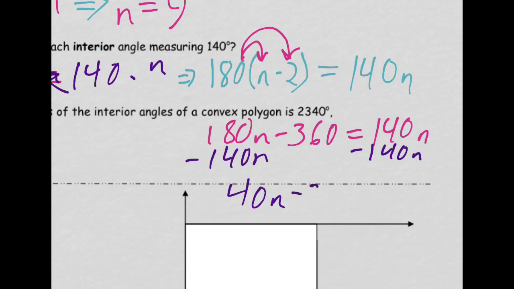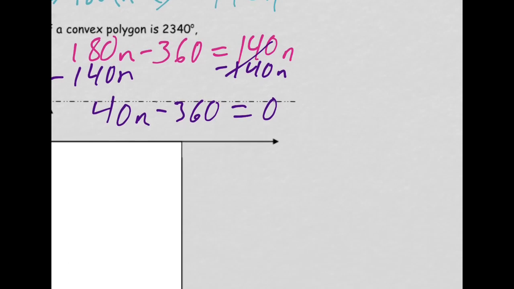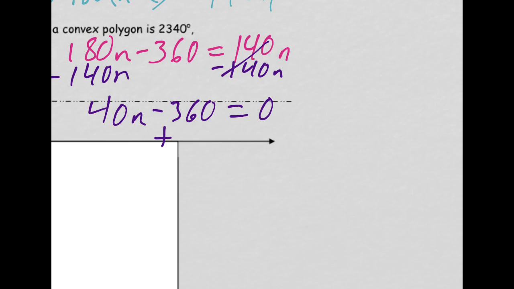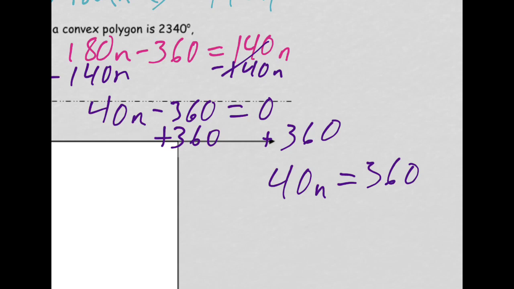I can subtract 140n from both sides, and I get 40n minus 360 equals, well, these cancel out, so that gives me 0. And I add 360 to both sides. 40n equals 360, and we are almost done trying to find our number of sides here.